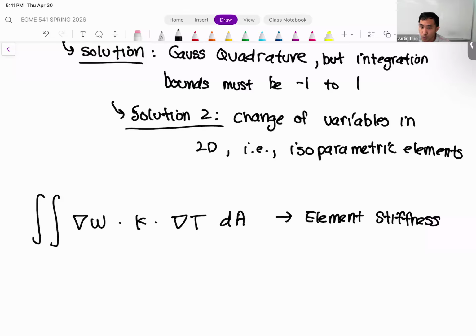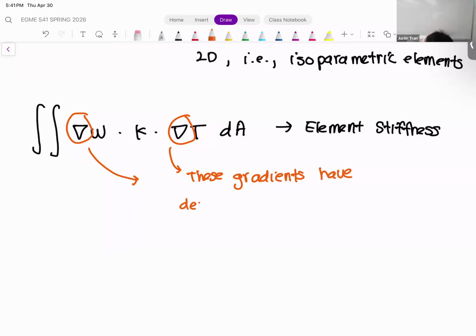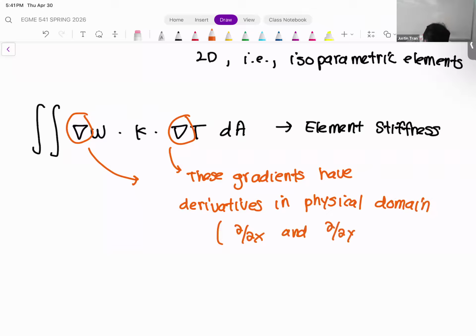So partial x, partial y. But we don't want that.